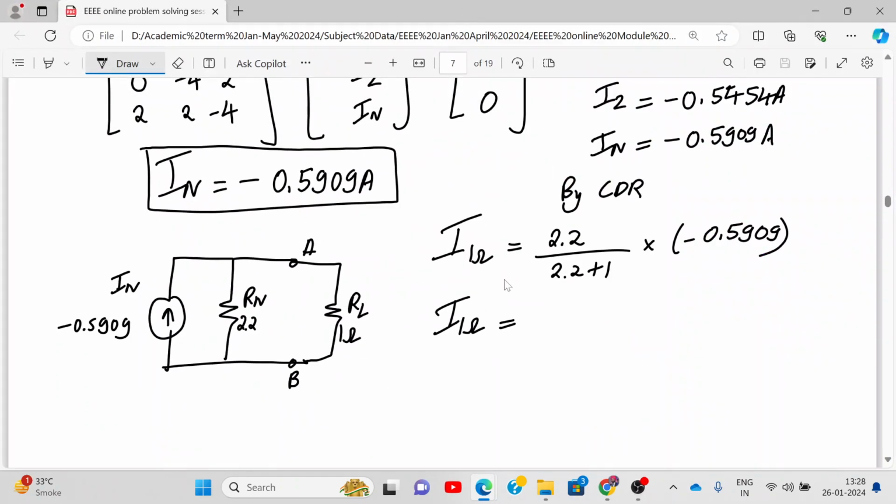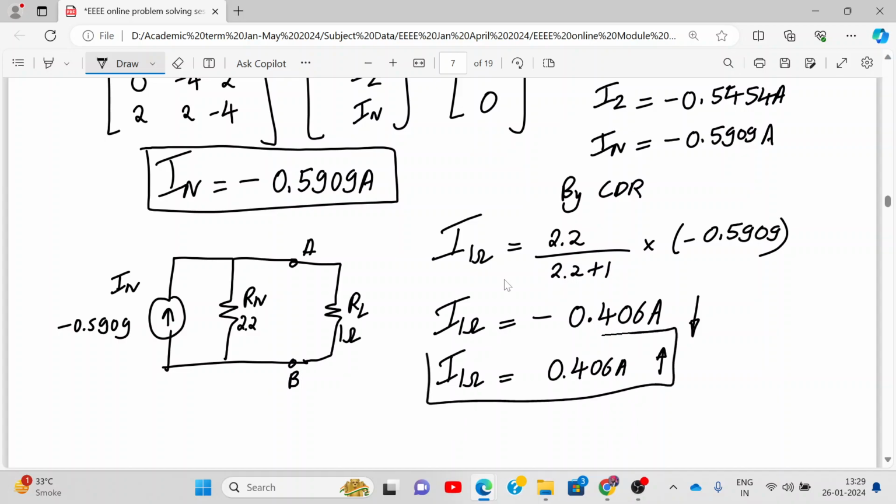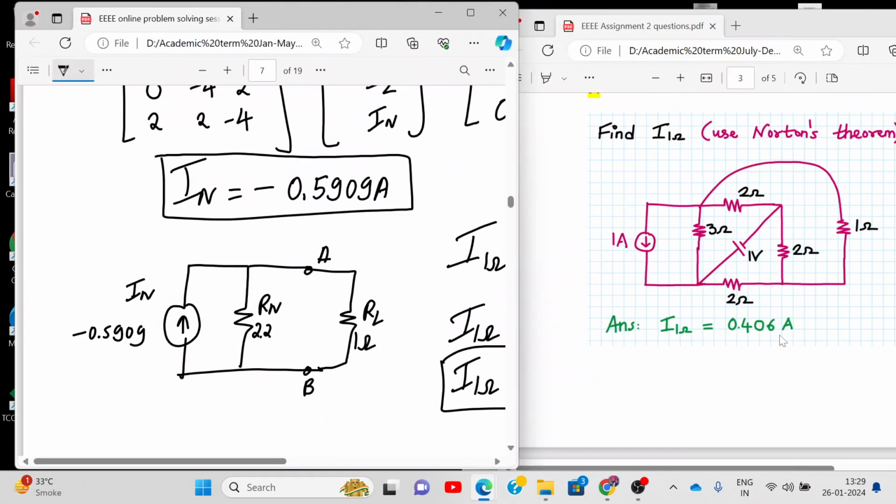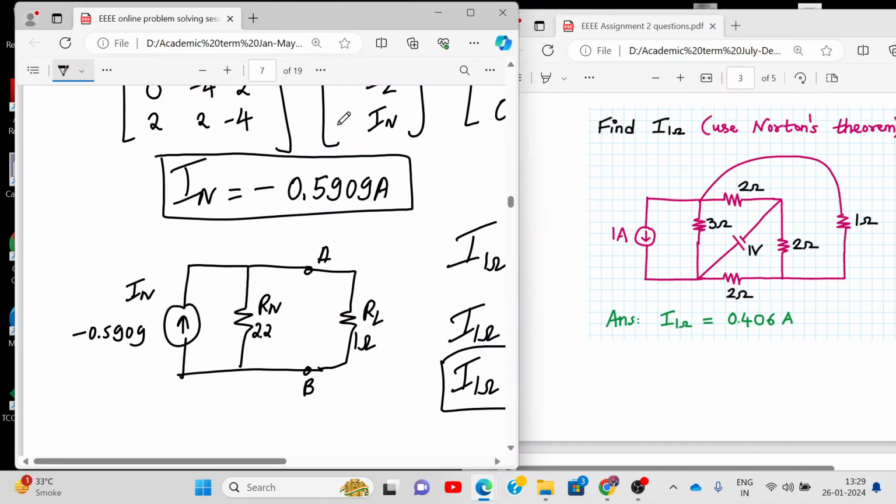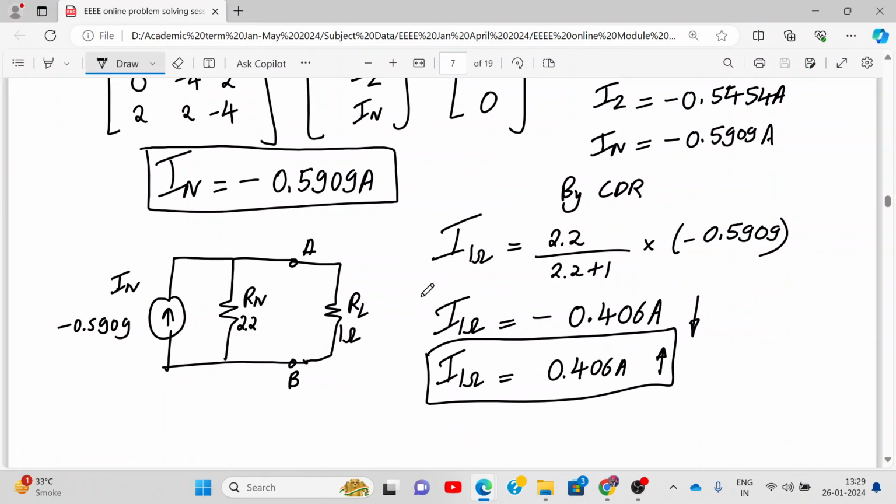Minus 0.406 amperes, correct? And the direction we have assumed is down, so the actual direction is up. So that's the answer. Let's see if it is matching. Yes, it's matching, 0.406.